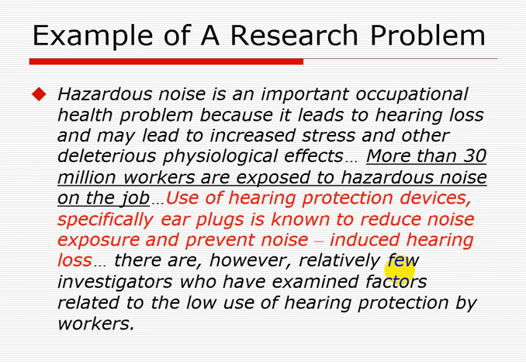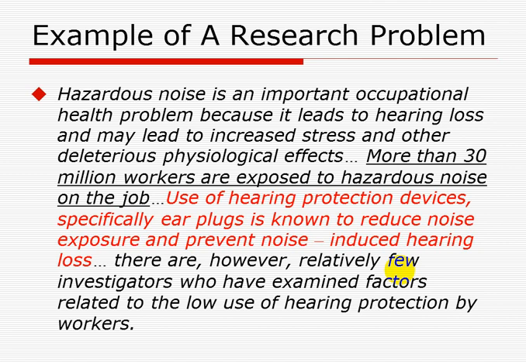So this is an example of a research problem. Hazardous noise, a dangerous noise, is an important occupational health problem because it leads to hearing loss and may lead to increased stress and other deleterious physiological effects.